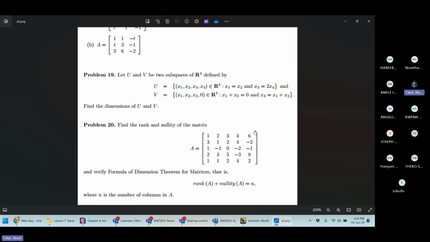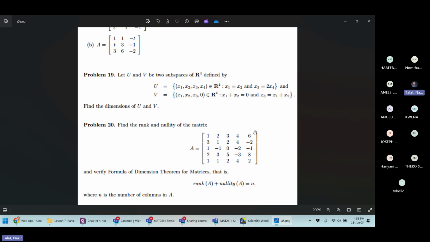If the number of non-zero rows is maybe 3 or 4 or whatever, that gives us the rank. It means those rows are sufficient to generate all rows of matrix A, and that is called the rank, the number of non-zero rows.